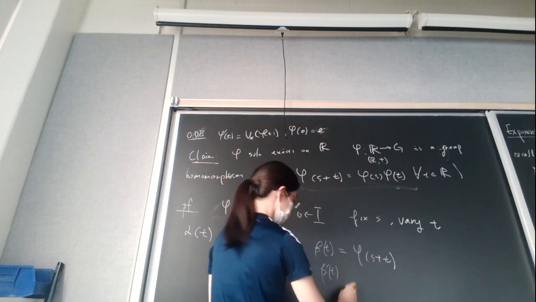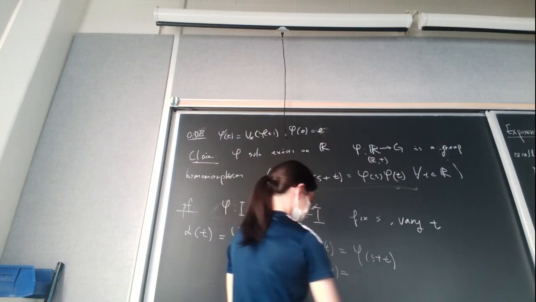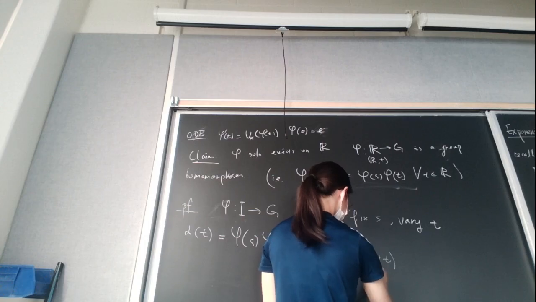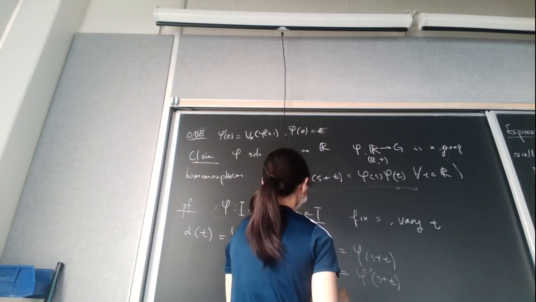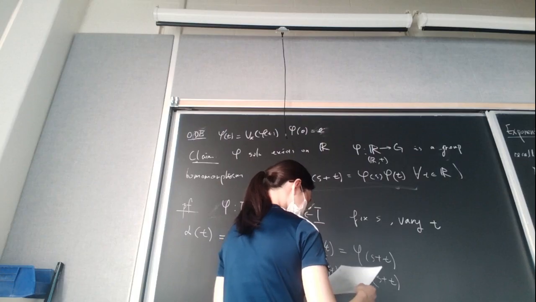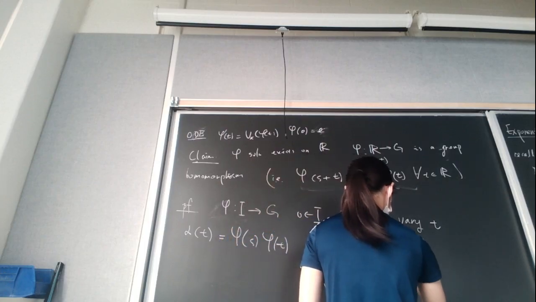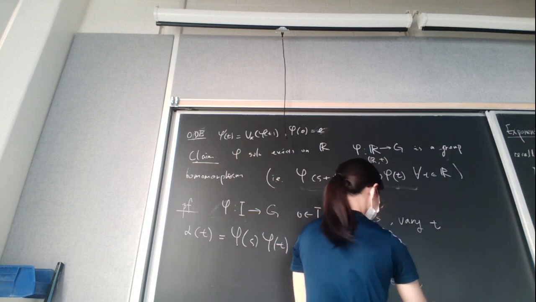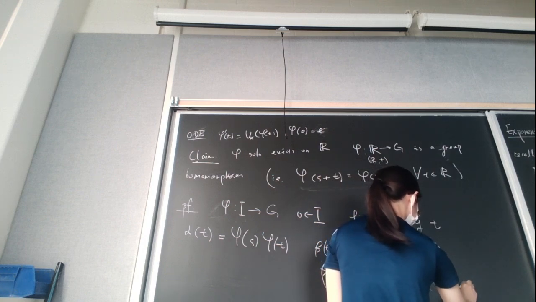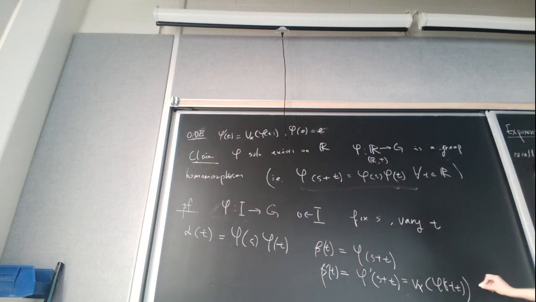Beta prime of T is equal to phi prime of S plus T. And because phi solves the equation, this is equal to Vx applied to phi of S plus T, which is equal to Vx of beta of T. So beta solves the ODE.